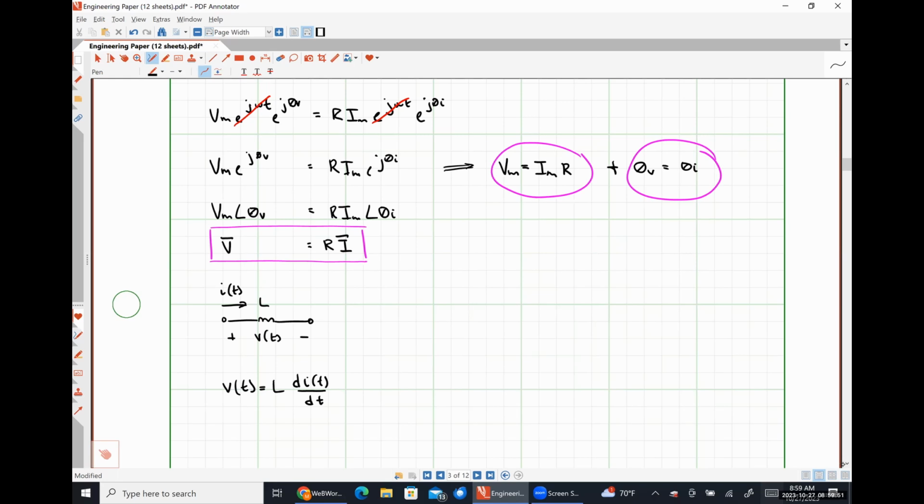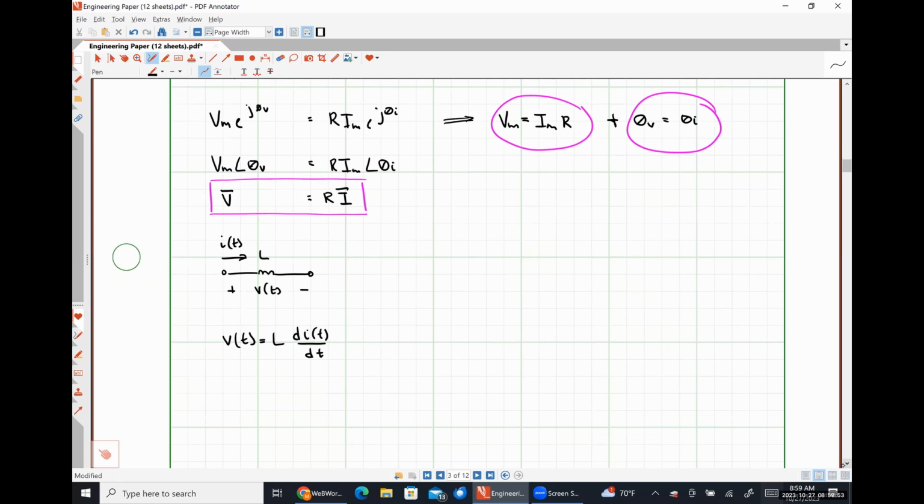We learned that a couple of weeks ago. So let's see what shakes out from this using those complex number relationships for voltage and current. So we would have Vm e to the j(omega t plus theta v) is equal to L times the derivative of Im e to the j(omega t plus theta I).